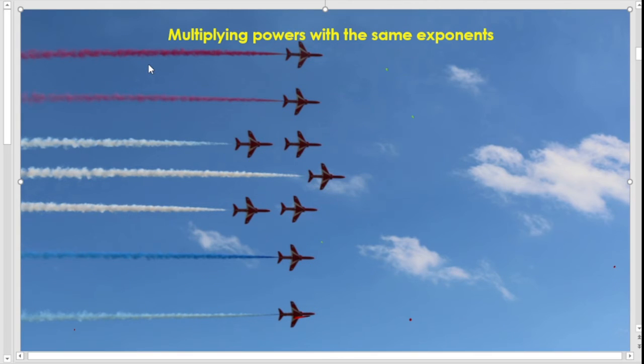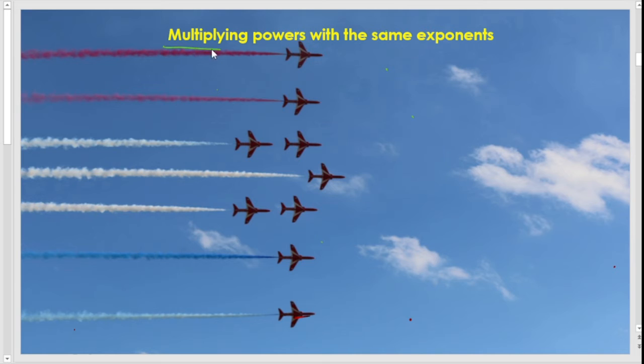We will study about multiplying powers with the same exponent. We'll understand this topic with the help of some examples. Like, first one is 2 to the power 3 into 3 to the power 3. Here, exponents are same.